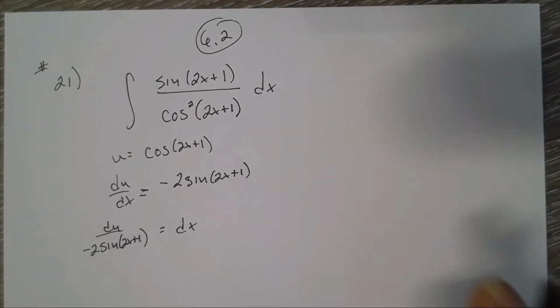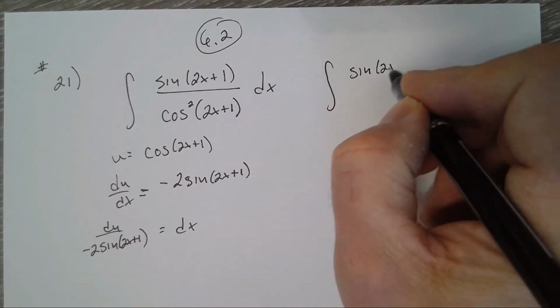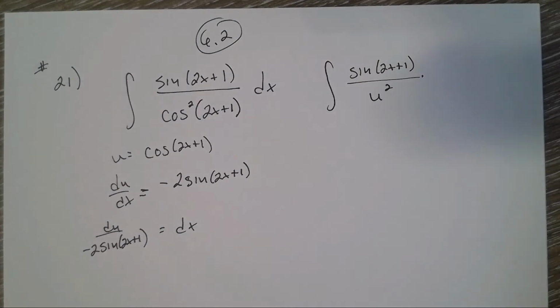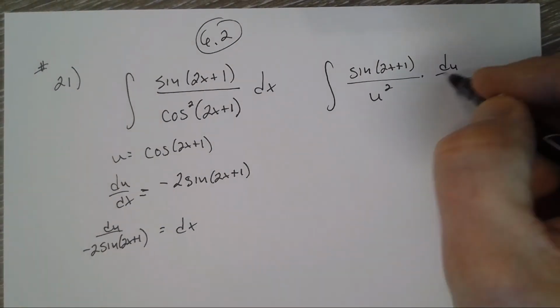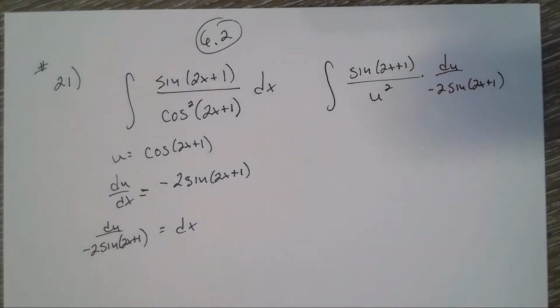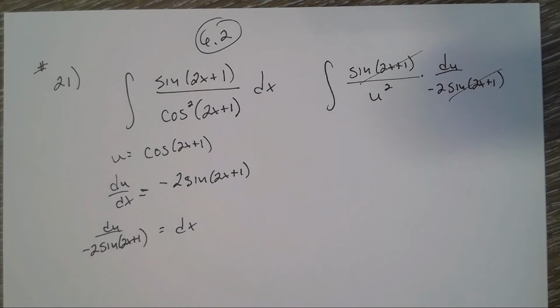Writing the integral in terms of u, I have the sine of 2x plus 1 over u squared times dx, which is du over negative 2 sine of 2x plus 1. Okay, so the x stuff does divide off.